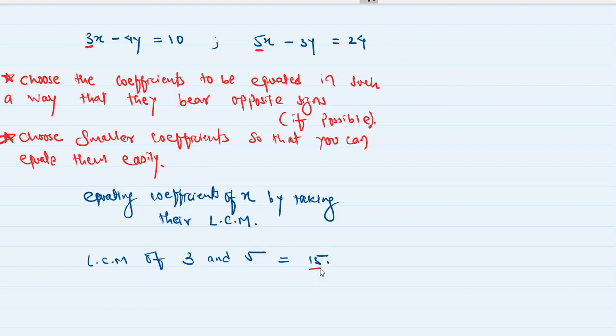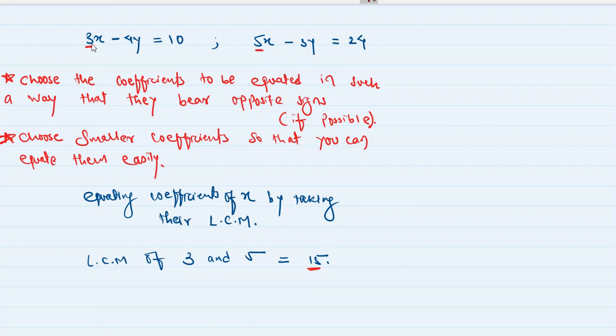That's the use of LCM, right? I took the LCM so that I can understand what I have to convert into what. How do I convert 3 into 15? By multiplying it with 5.